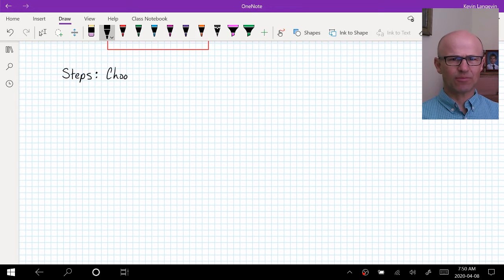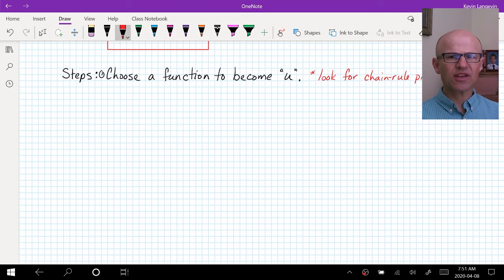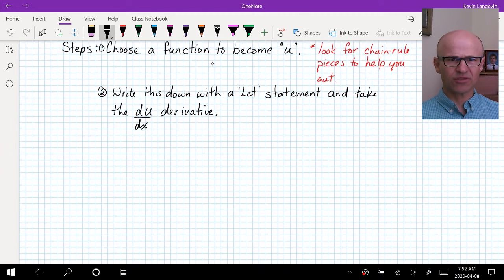So let's look at some steps. Number one, we need to choose that function that's going to become our u. Look for something that a chain rule might produce another piece of the function that's already visible to us. We're going to write the u down with our let statement, and we'll take the derivative using Leibniz's notation.